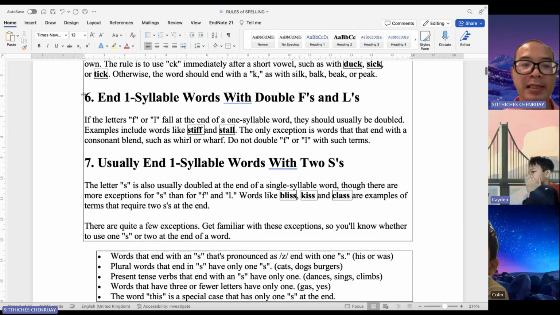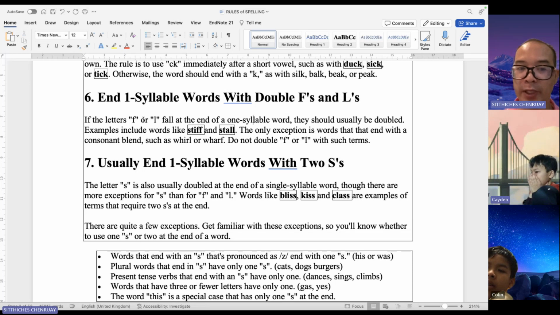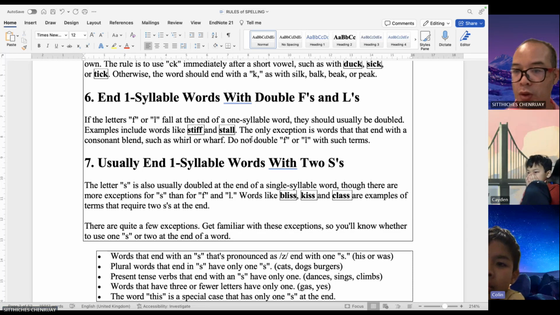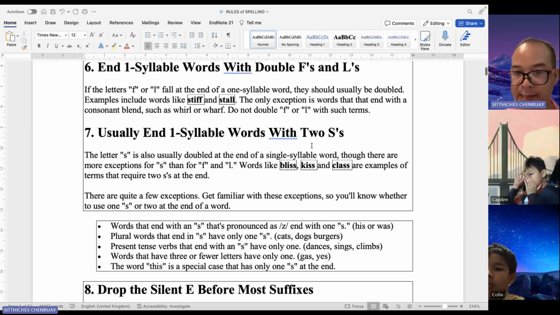Then the sixth, end one-syllable words with double F and L. For example, stiff, tall. Okay, it will be double. Usually end one-syllable words with two S, for example, bliss, kiss, class.